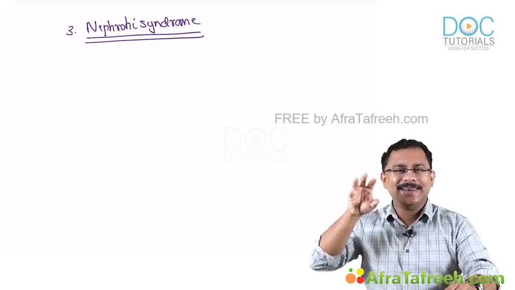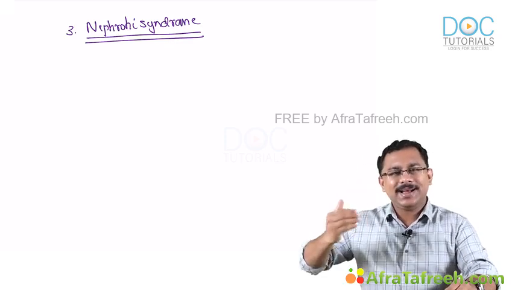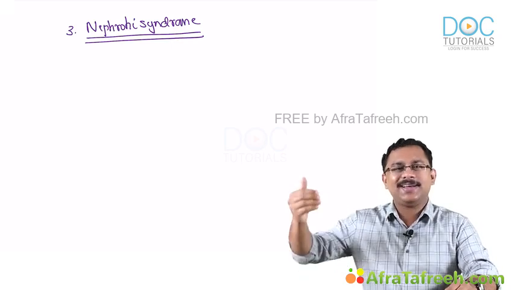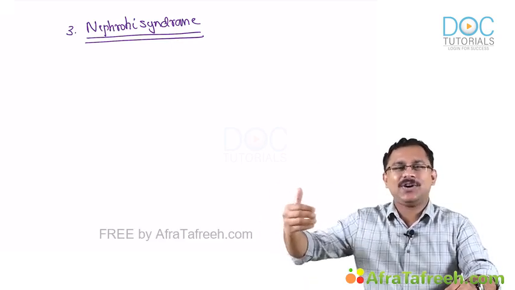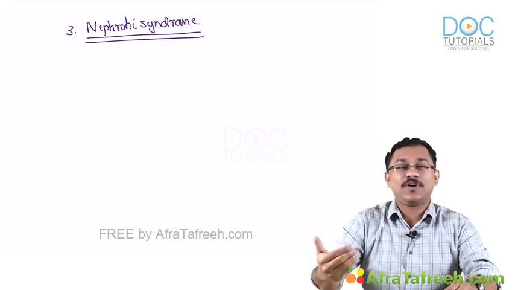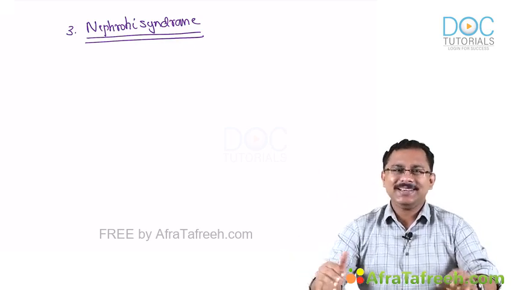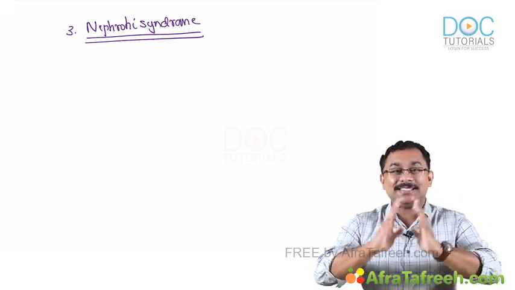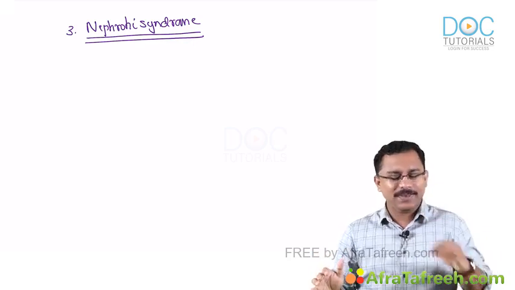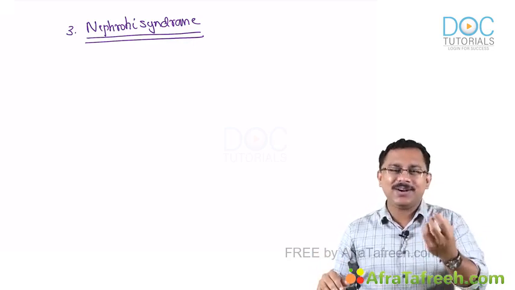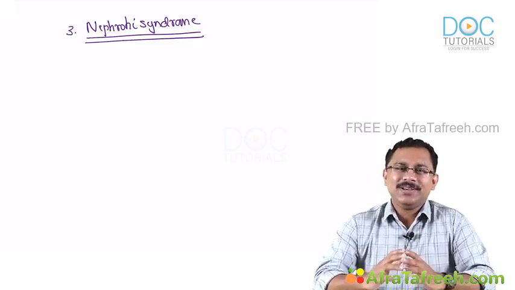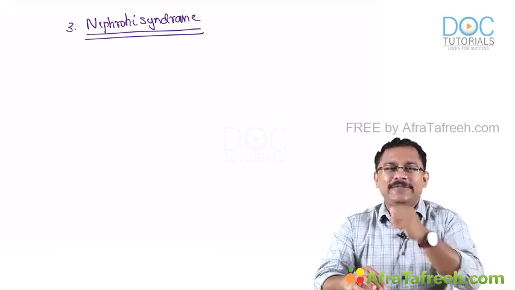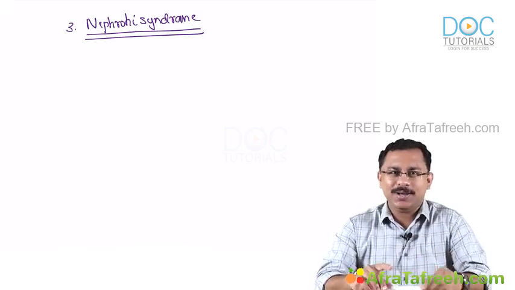It is actually a clinical presentation, and there are various disorders, either a primary glomerular disorder or some secondary disorder, that can present with a nephrotic picture. So have in mind that this is a syndrome. Whenever you have a syndrome, you will have certain components in the syndrome. So what are the components of a nephrotic syndrome? That is what we are going to learn.